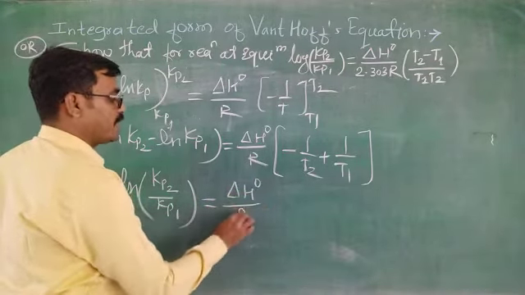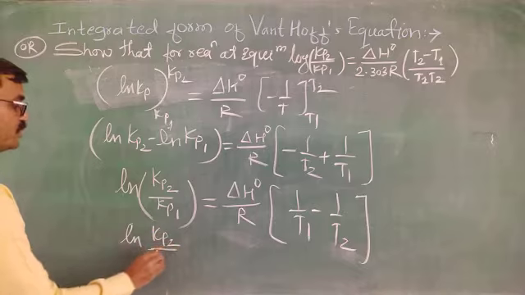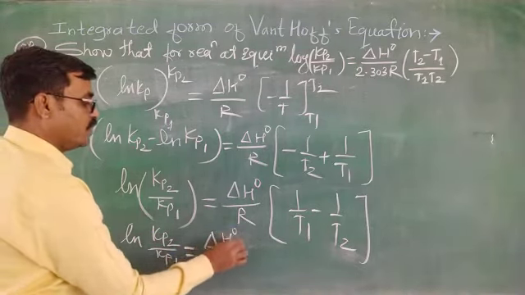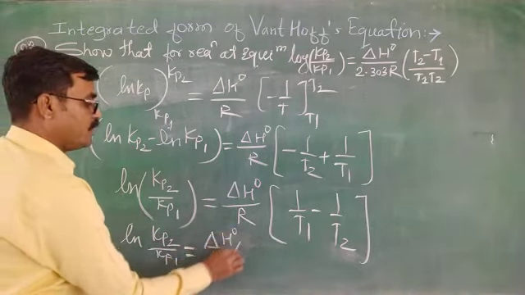Further, the left side remains as it is, ln Kp2 upon Kp1 is equal to delta H0 upon R into T2 minus T1 upon T1 T2. Getting it? It will be this one.